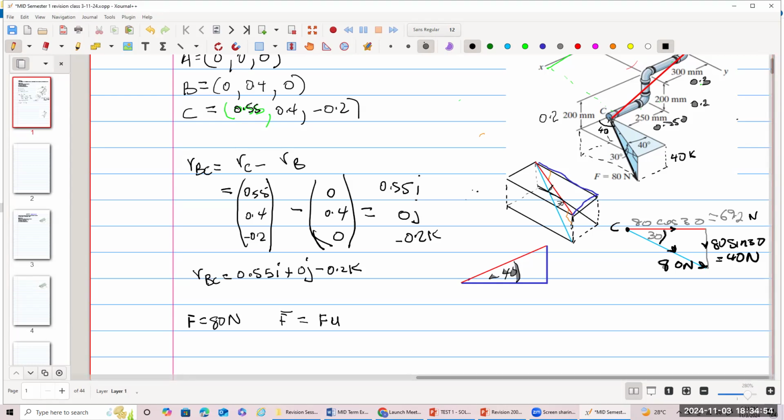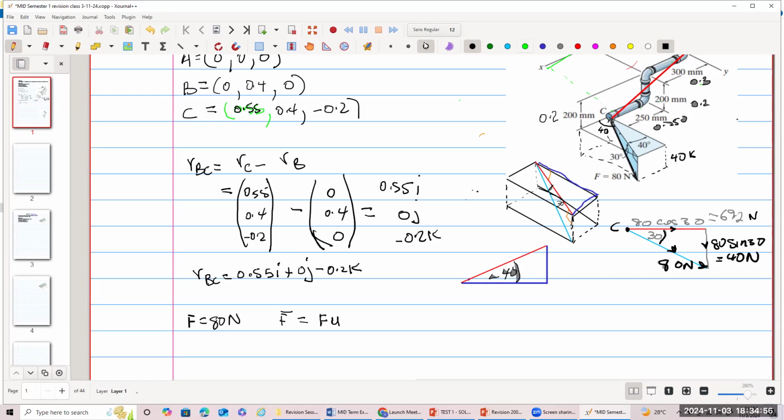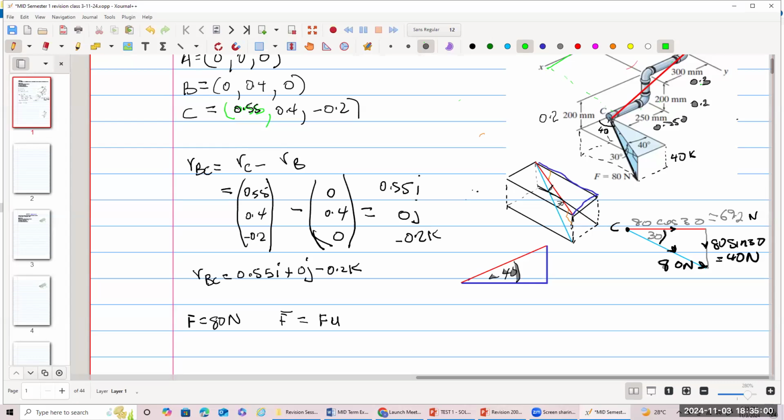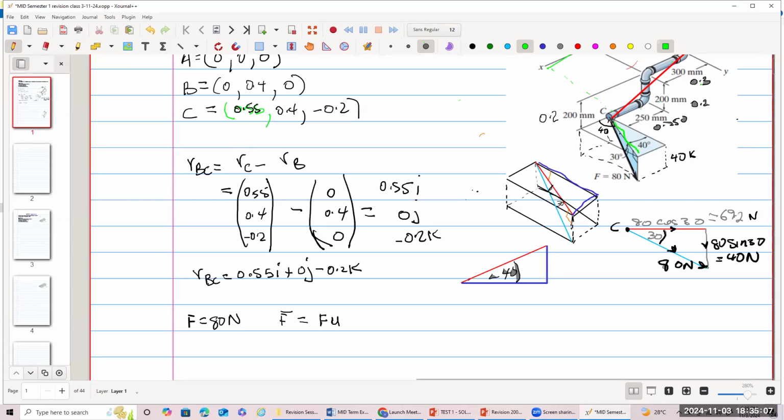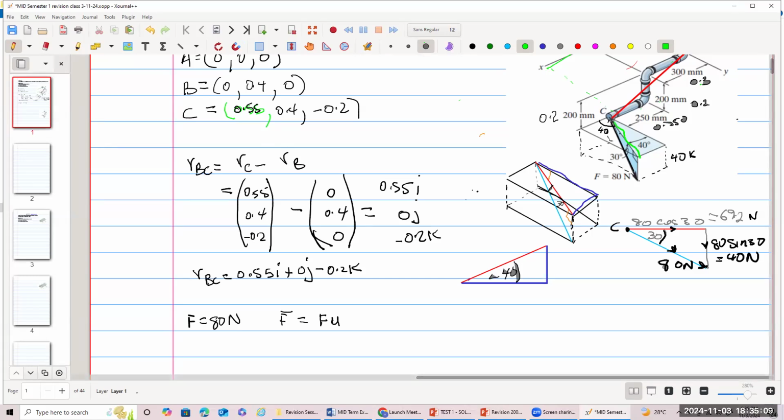Now, what about this line here? Can I put a green here? We have worked out this line up here, so that line up here is 69. It's the same red line that I have over there in the box.